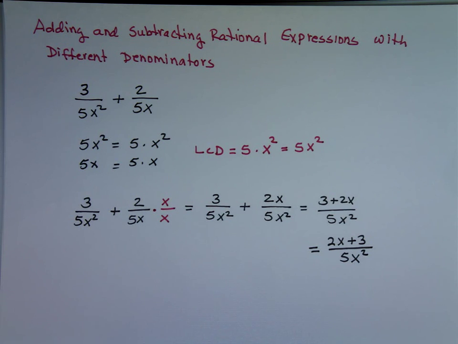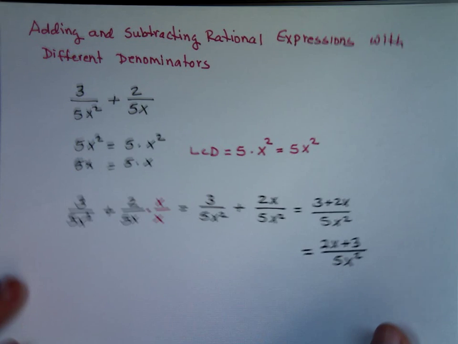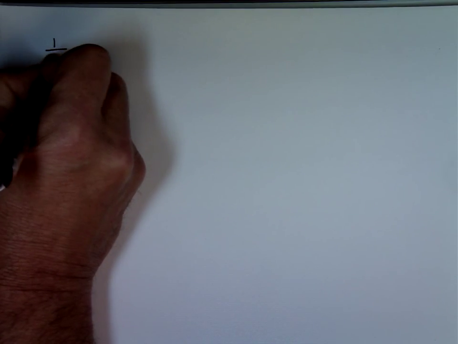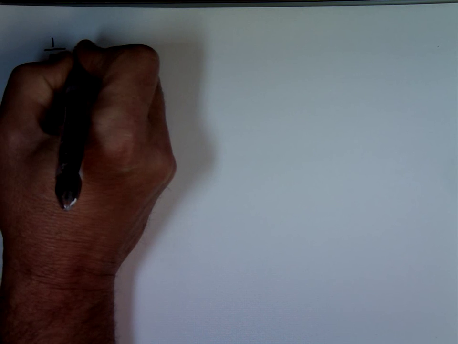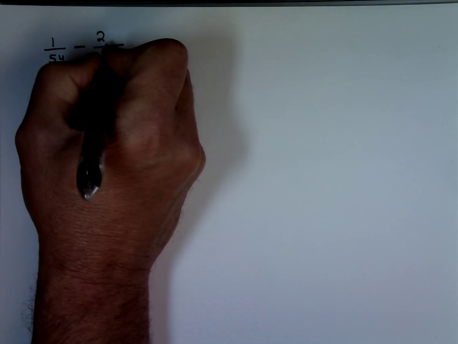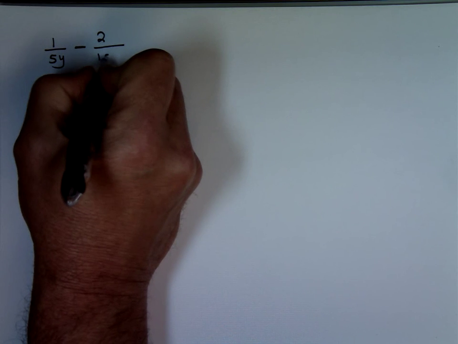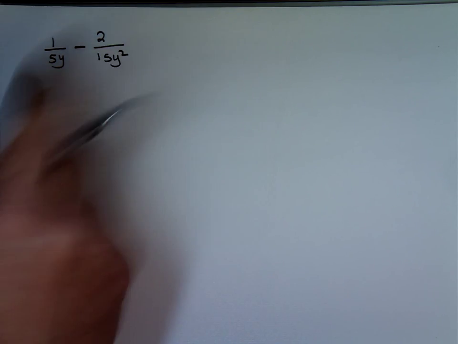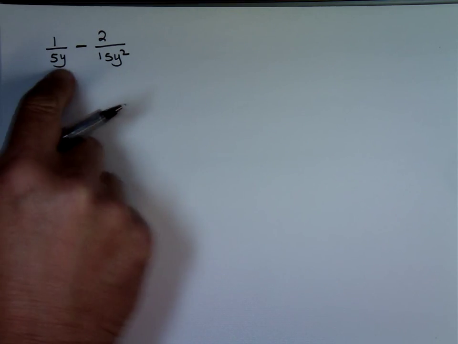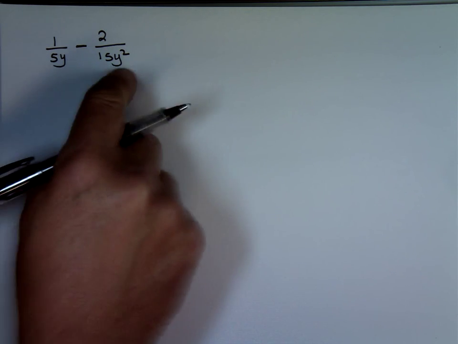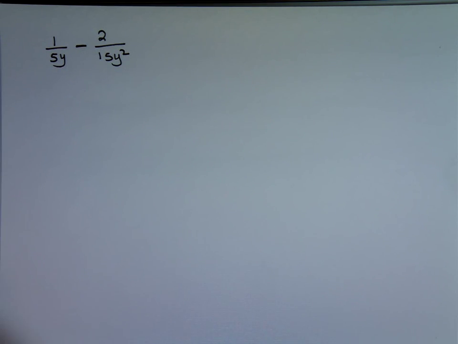Let's try another one. What is 1 over 5y minus 2 over 15y squared? Again, first thing I spotted that these two are different. I have to find the LCD. Factor each one of them.